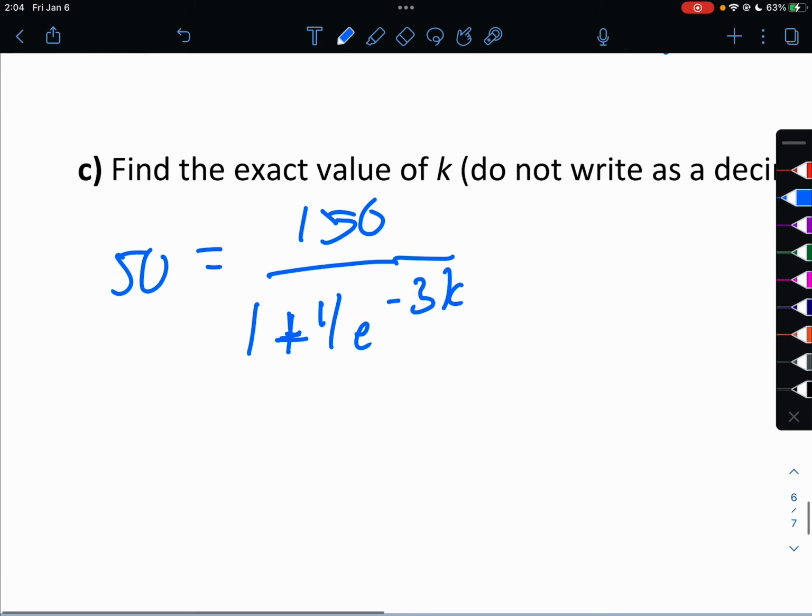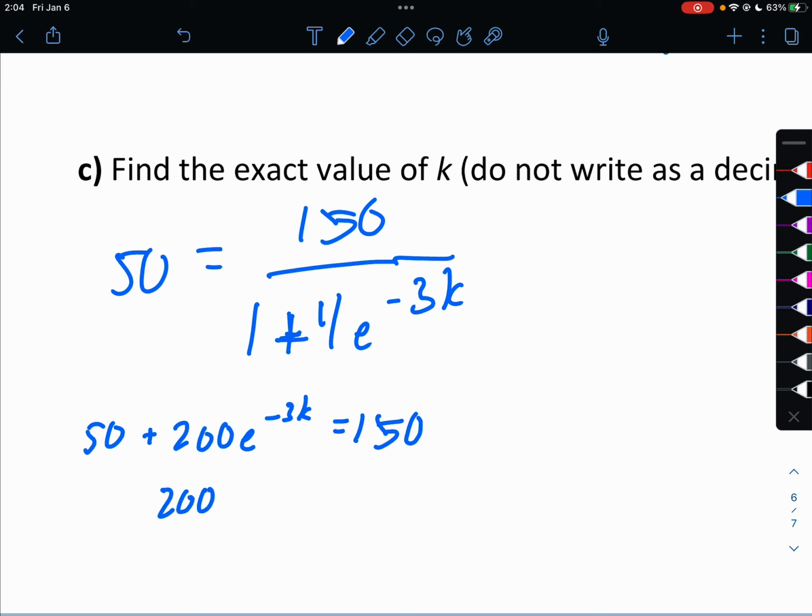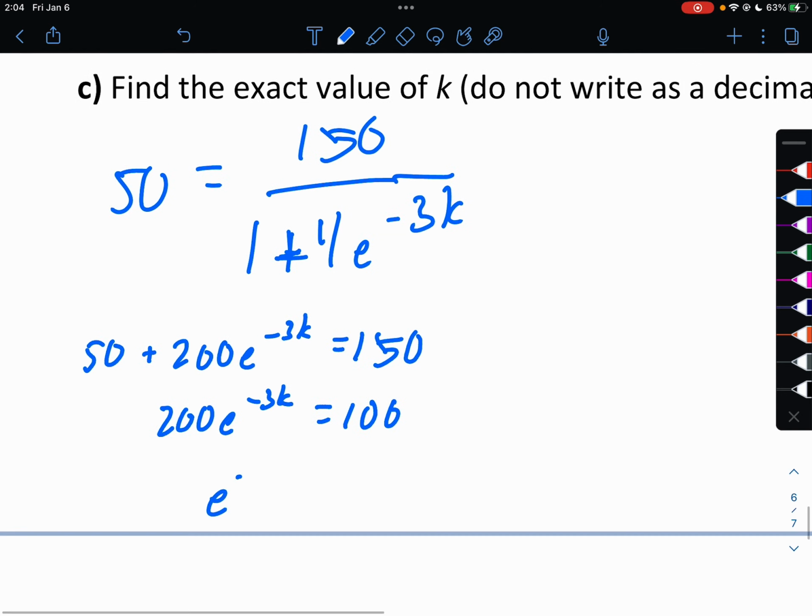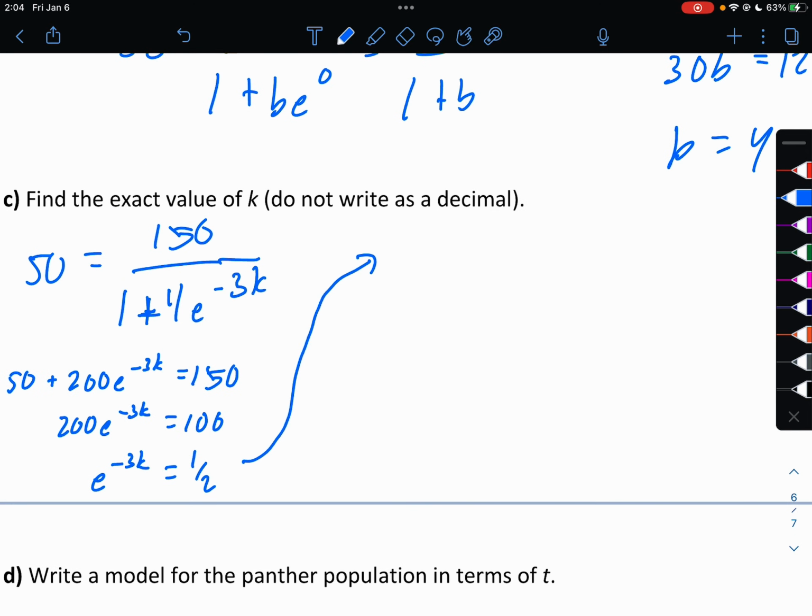I'm going to go ahead and just multiply both sides by that whole denominator here, and then subtract 50 and divide by 200. We get there. Now we're going to convert that into logarithmic form. So negative 3k equals ln of 1/2. So then k equals ln of 1/2 over negative 3.